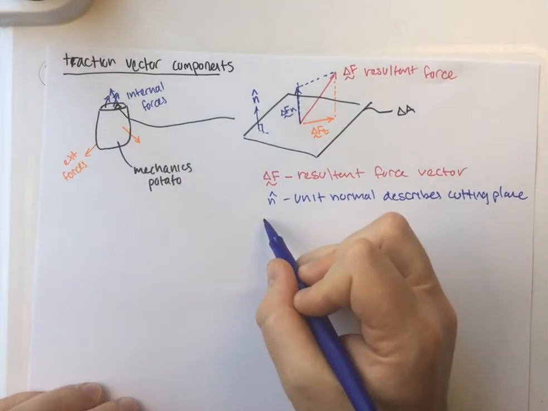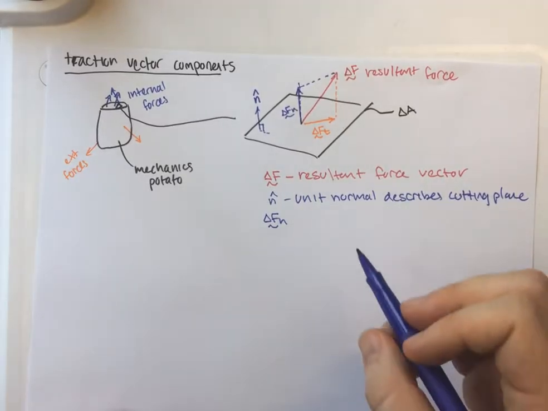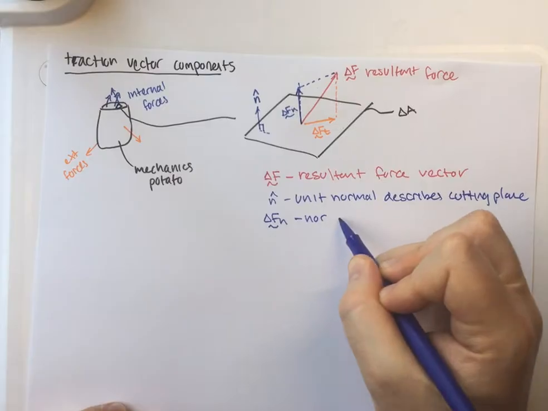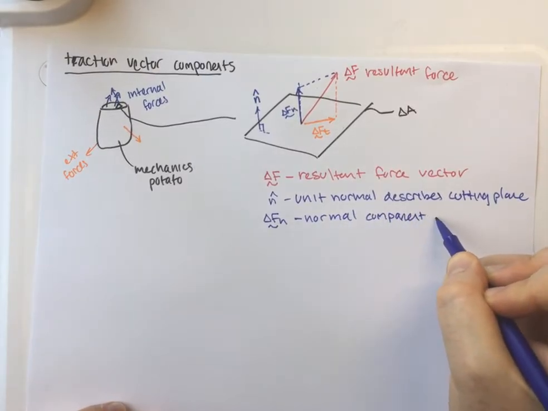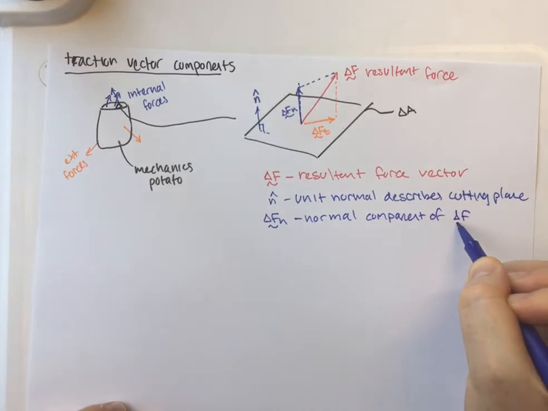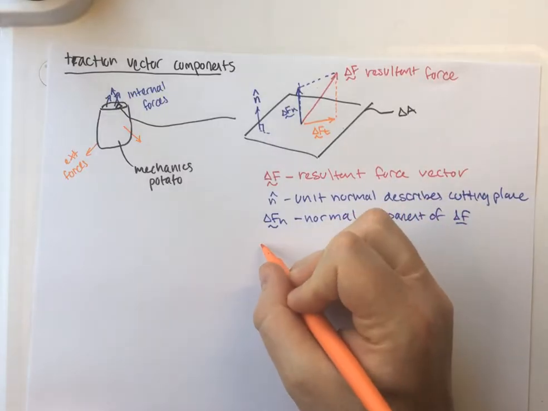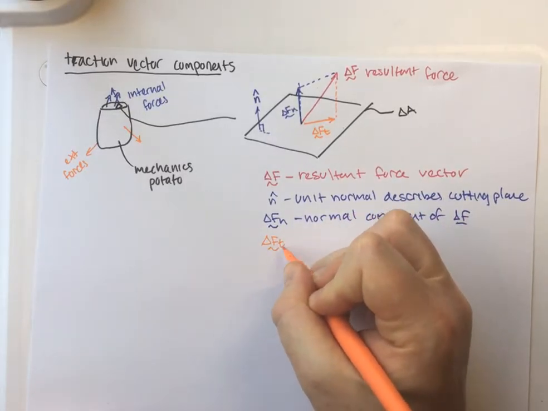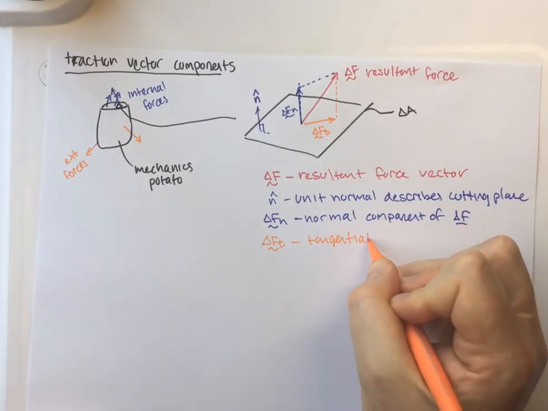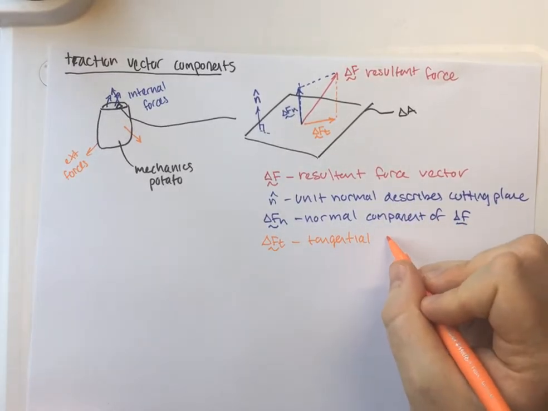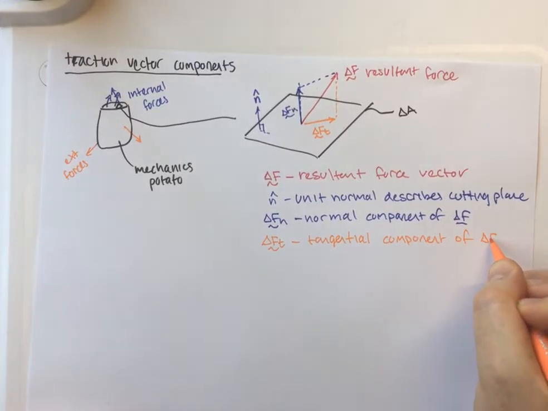We have delta Fn with another squiggle, it's a vector, which is the normal component of delta F. And we have delta Ft, which is the tangential component of delta F.